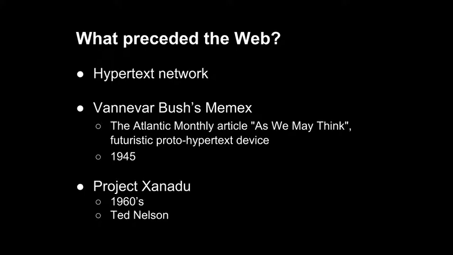Now, the first example of this is from the work of a guy named Vannevar Bush. He developed something called the MEMEX, and he described this in an article in the Atlantic Monthly called As We May Think, which was a futuristic kind of proto-hypertext vision of the internet before most of the technology was even existent to implement any of that.